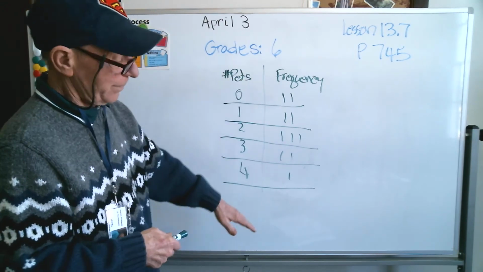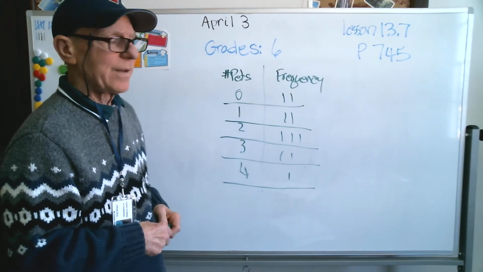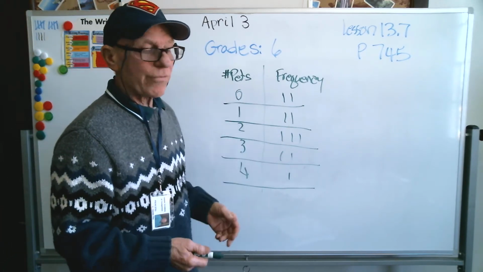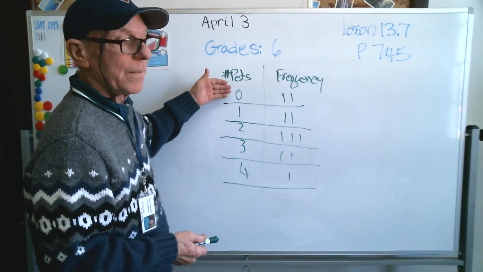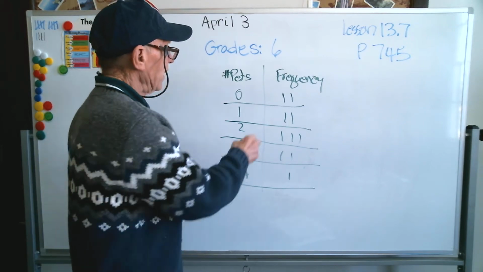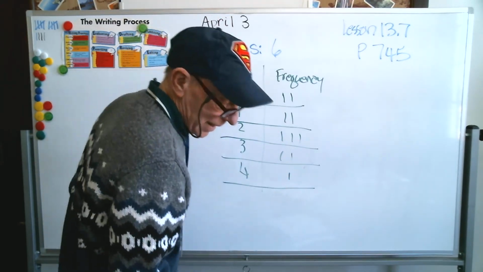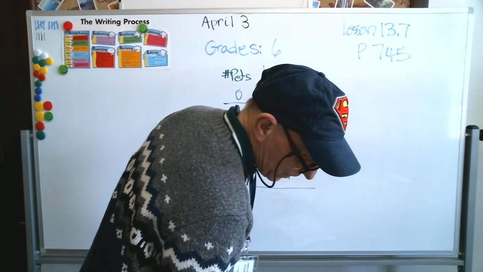So, out of this data chart, that basically is giving you the frequency of how many pets out of 20 people. See, we've got 2, 4, 7, 8, 9, 10. And it said there were 20 students.